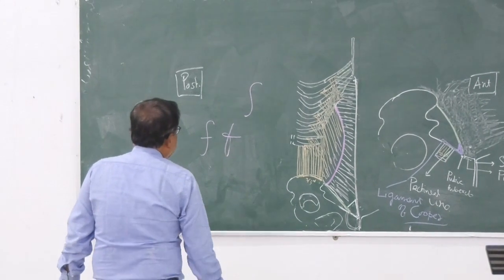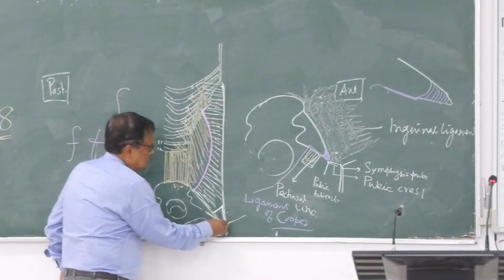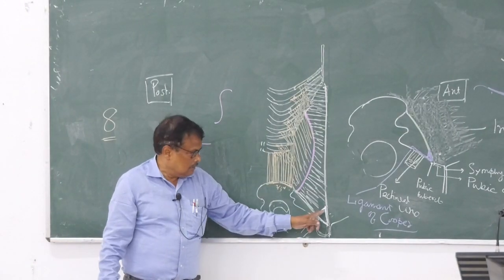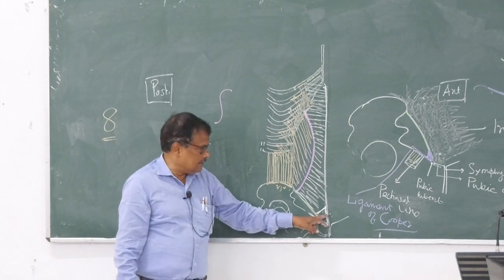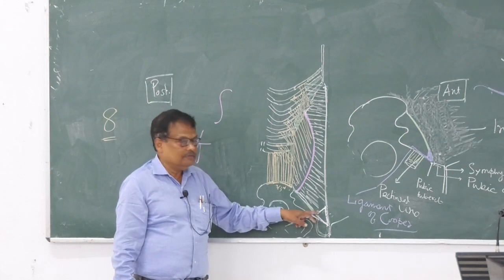What is the shape of the gap? Triangular, and it has two pillars, we call them crus: superior, medial crus, lateral crus, or superior and inferior crus.